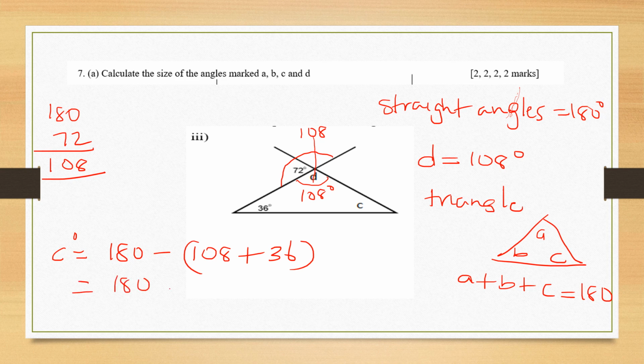So 180 subtract 108 plus 36. That is 144. So we take 144 from 180, and that is 36 degrees. So C is equal to 36 degrees, and D is equal to 108.